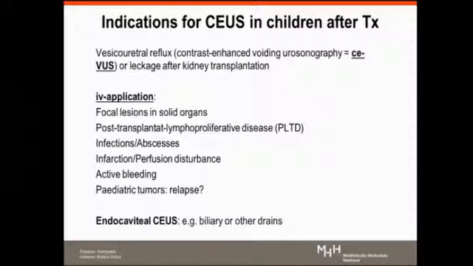But most of the time, we are using the IV application, and the most common indications are focal lesions in solid organs, especially the liver, and also post-transplant lymphoproliferative disease, infections or abscesses, infarction or perfusion disturbance, active bleeding, or a relapse of pediatric tumors after transplantation.